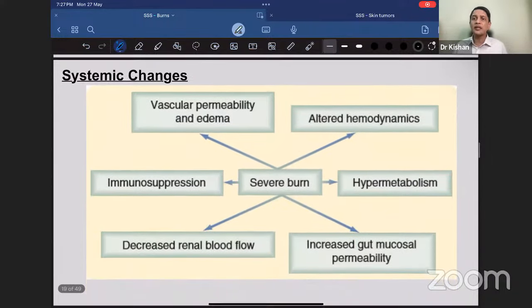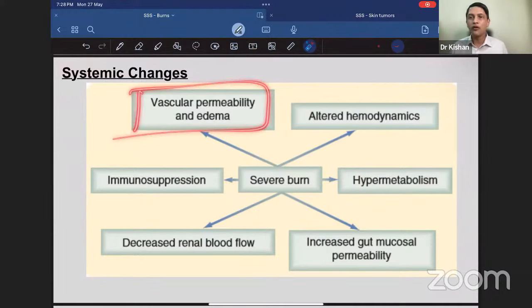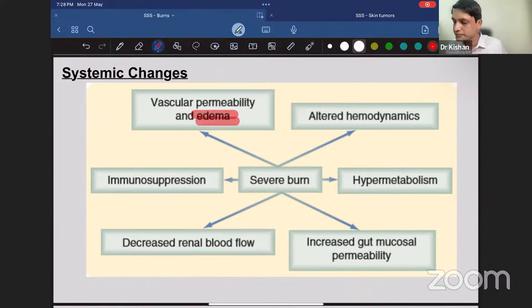Coming to the systemic changes that occur in any burn injury. When a patient sustains a severe burn injury, many metabolic changes and hemodynamic instability occur in our body. Most importantly, the first one is that the permeability of the vascular system is increased. The capillaries leak, so the intravascular volume goes into the extravascular, interstitial compartment, resulting in edema.